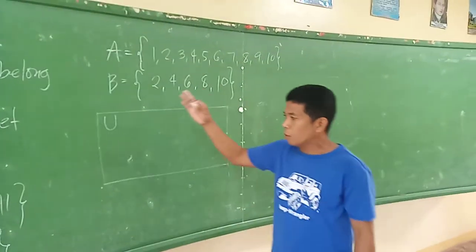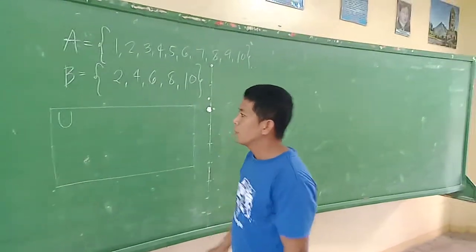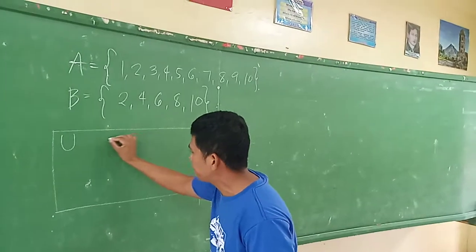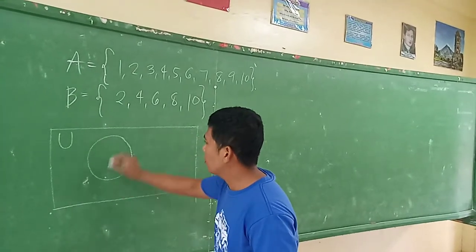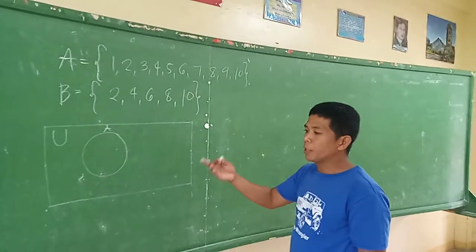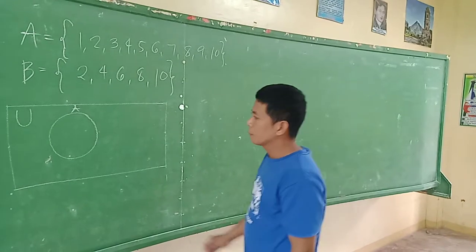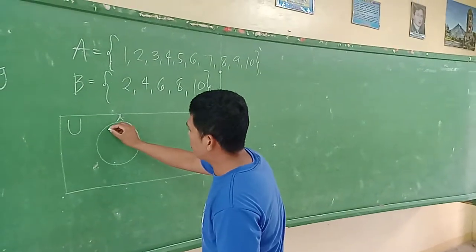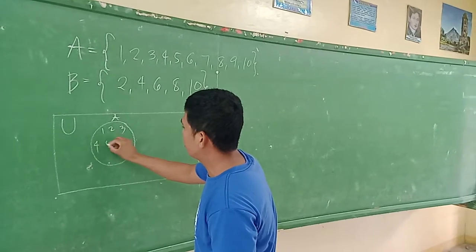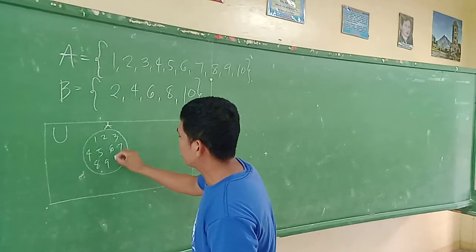All the elements that belong to the universal set are under the letter U. So we have set A, a circle, labeled A. This contains the counting numbers less than 11: 1, 2, 3, 4, 5, 6, 7, 8, 9, 10.